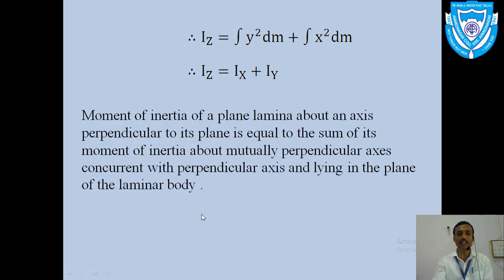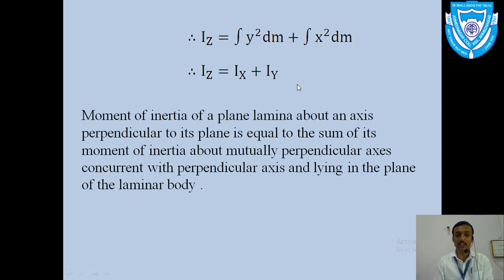If I put, then we get Iz is equals to Ix plus Iy, that is moment of inertia of a plane lamina about an axis perpendicular to its plane is equal to सम. बघा इथे सम दिलेला आहे. सम कशाचा सम आहे?